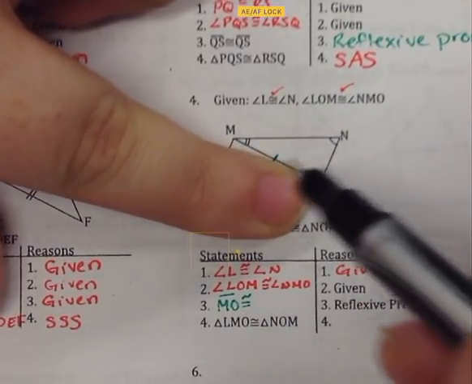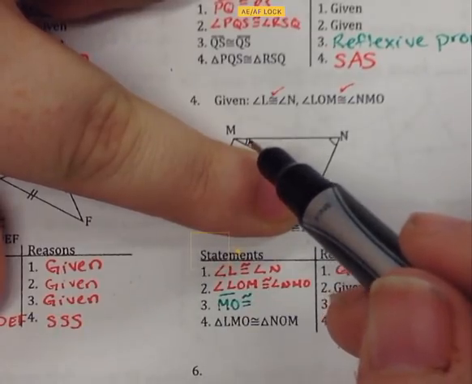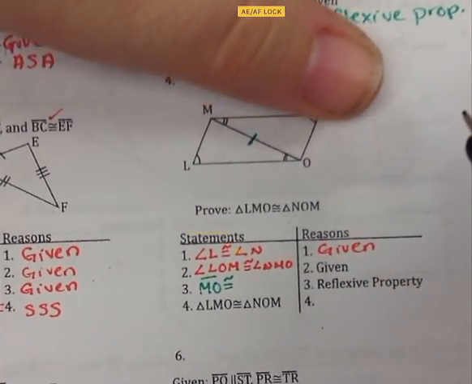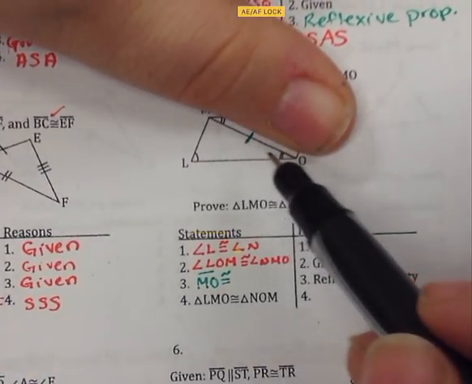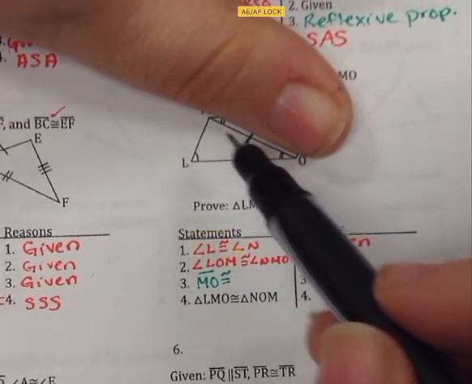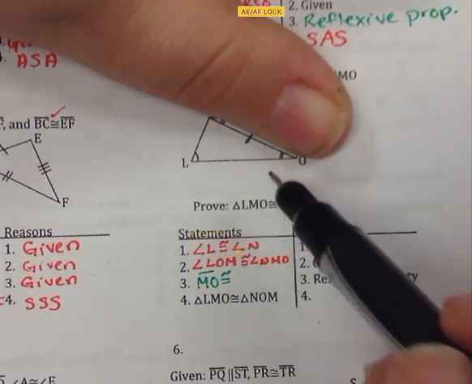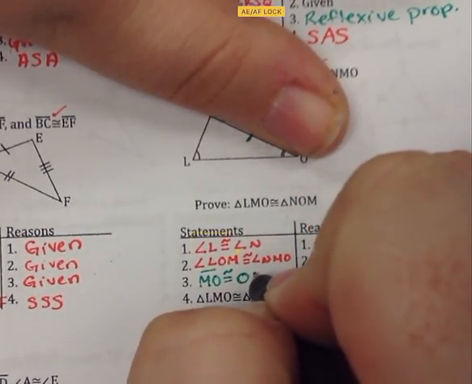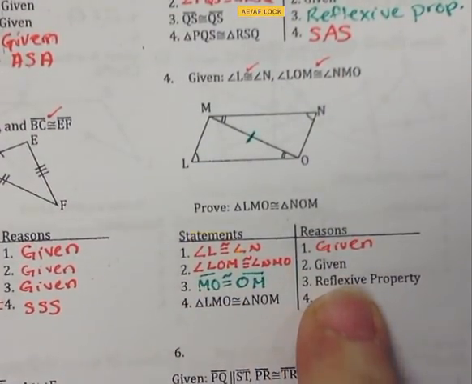So on this other triangle, if we started with M, we started with the 2 arcs. Which part has the 2 arcs, the M or the O? The O has the 2 arcs on it, so we have to use the O first because it has to go in order of what we used. So we have to go from O to M this time because of the reflexive property.